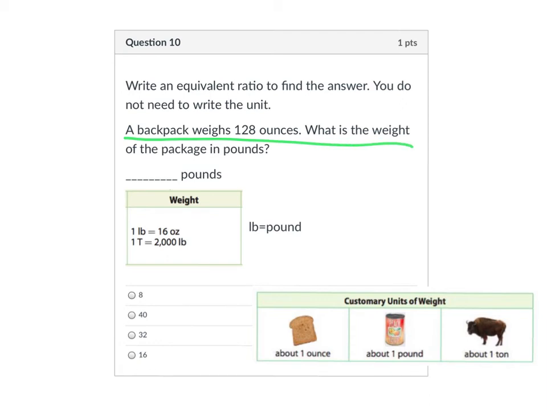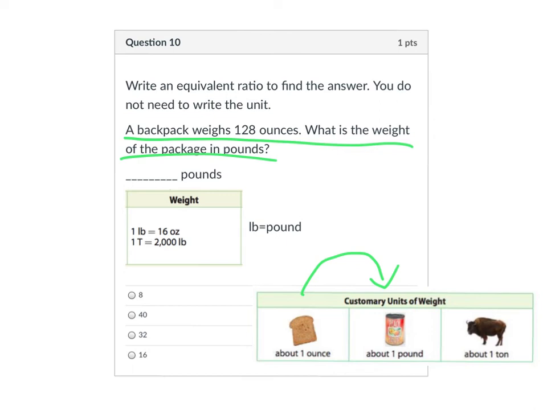A backpack weighs 128 ounces. What is the weight of the backpack in pounds? So this time we're going from small to large. So we're going from ounces to pounds. So this small to large is that fly to horse, divide, of course.